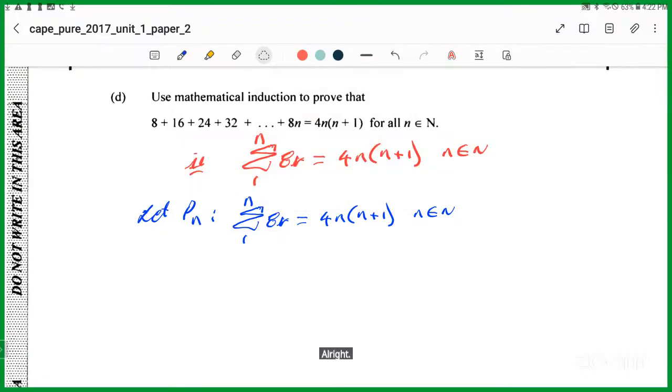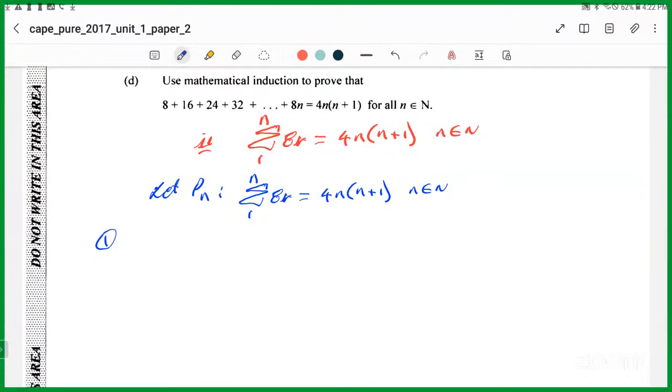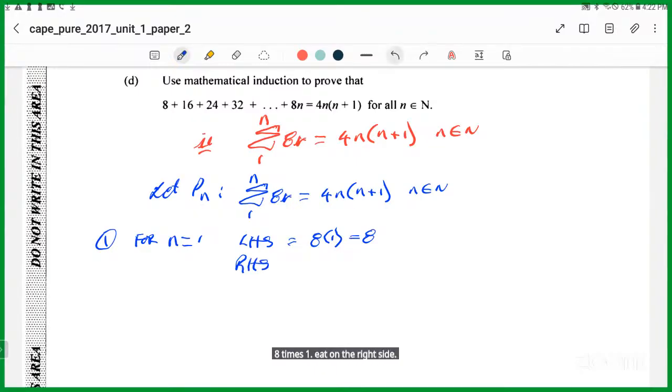So let Pn be that statement. Remember now there's a 4 steps method, right? Step 1. Prove that it is true for n equals 1. For n equals 1, the left side, which is this, becomes 8 times 1, which is 8. And the right side over here becomes 4 times 1 times 1 plus 1. This is also 8, which means that P1 is true.